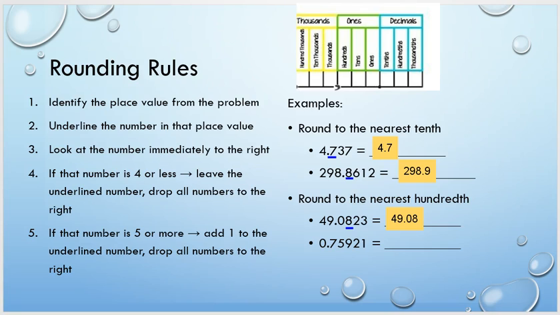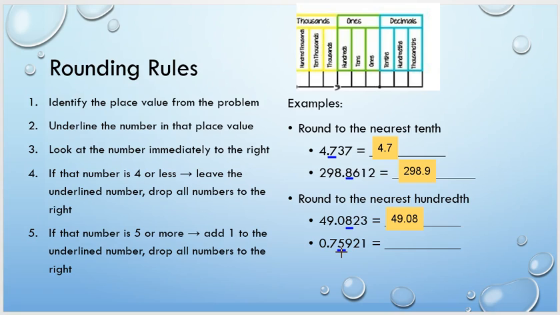Okay, last one. Same thing. I'm still looking for the nearest hundredth. So decimal point, tenths, hundredths, that's the 5 this time. The number immediately after it is a 9. That is 5 or more.